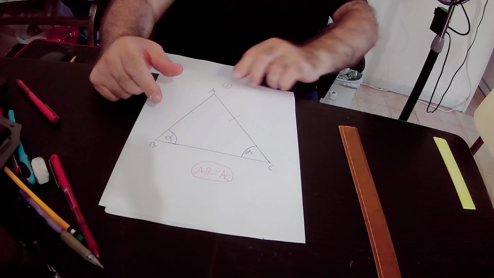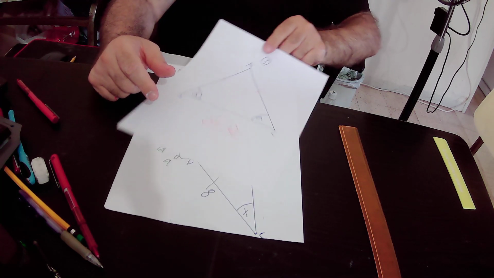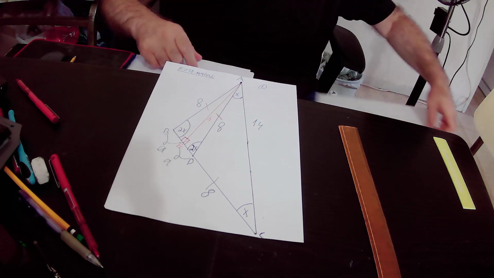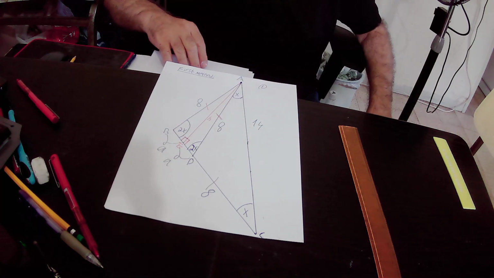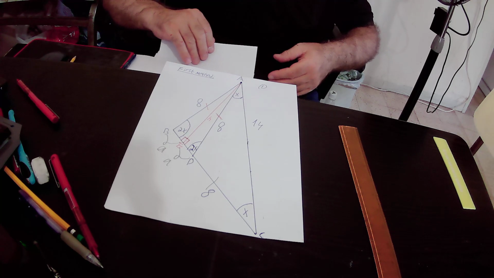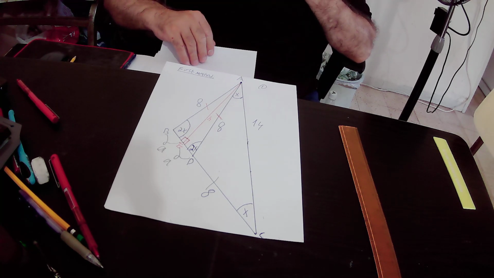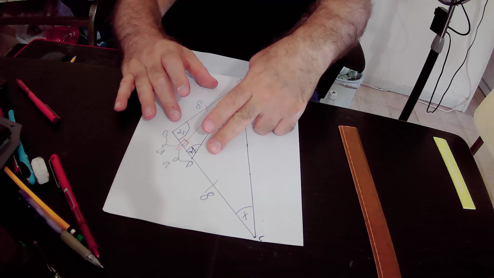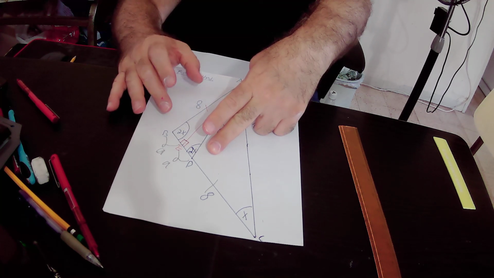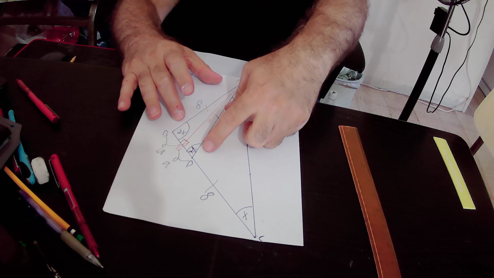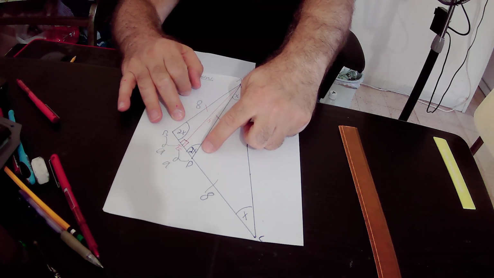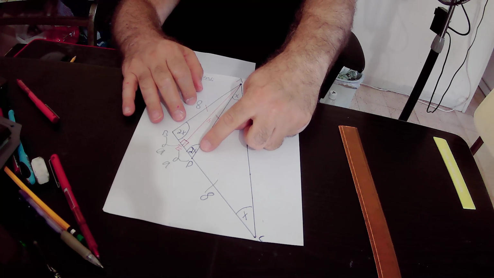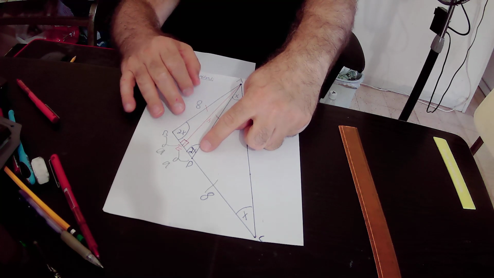Okay, so we actually can implement rule number 1 in our drawing, because we have the triangle ABD that has two equal angles, and according to rule number 1, the sides that are in front of those two equal angles are also equal to each other.